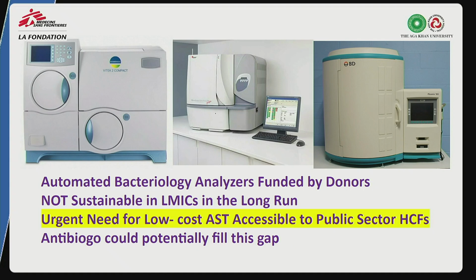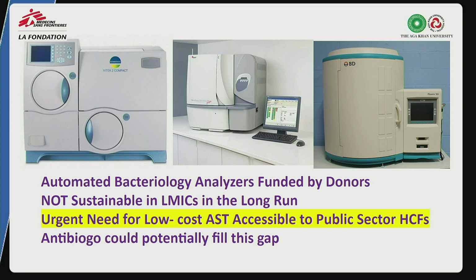These are the automated analyzers, and there are a lot of them all over Africa, all over East Africa. Vitek is very popular, and it makes the tech's life very easy, but more difficult for us because it is neither sustainable nor producing the desired salutary effects, because the reagents and consumables are very expensive.